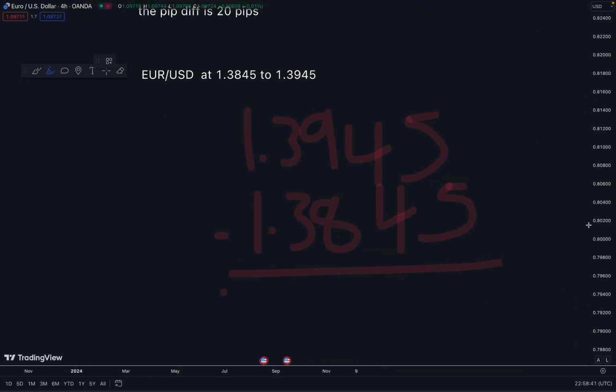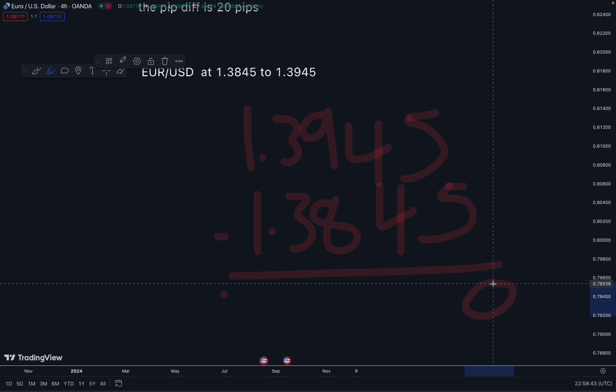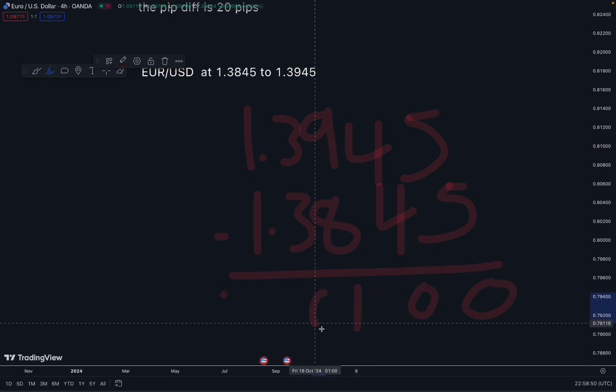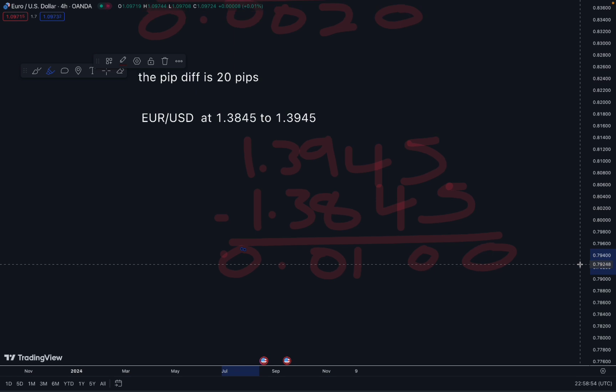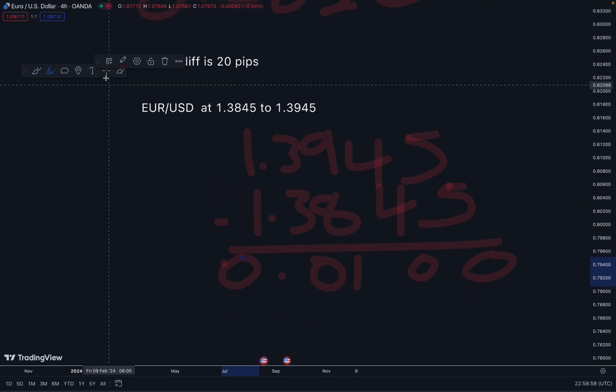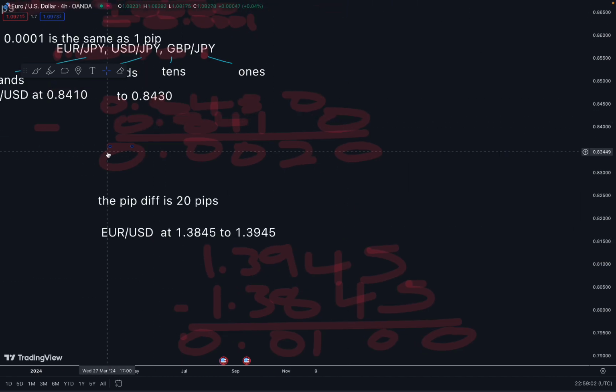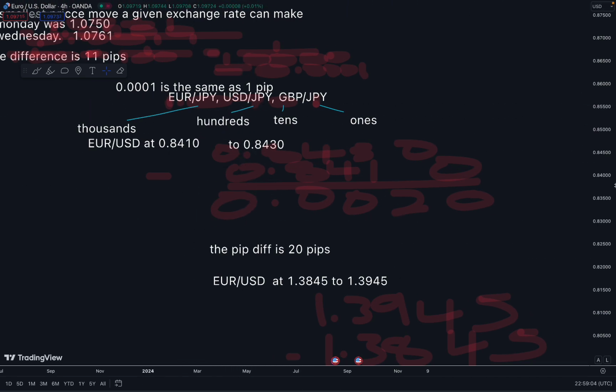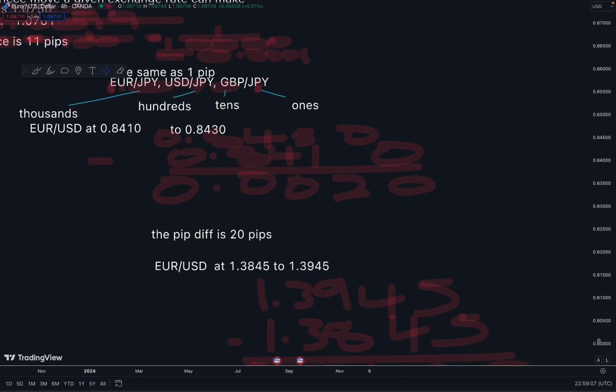So by subtracting, 9 minus 8 is going to be 1, and the rest is going to be 0. So we get 0.0100. And this 0.0100 is the same as 100 pips, because this 1 is in the hundreds position.